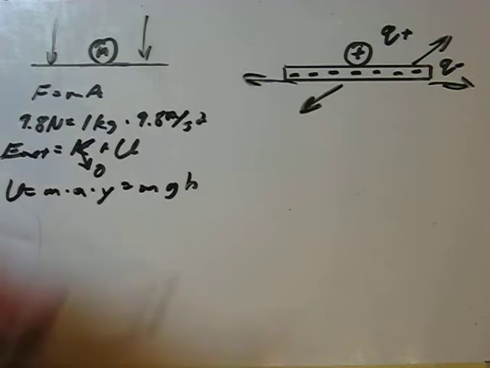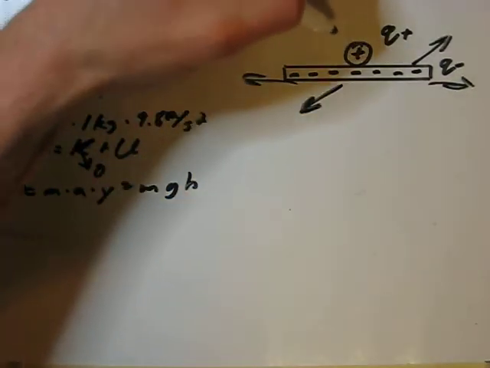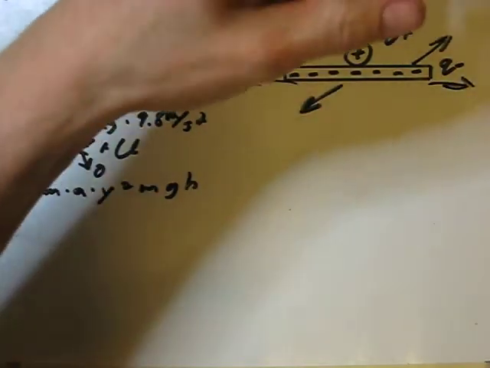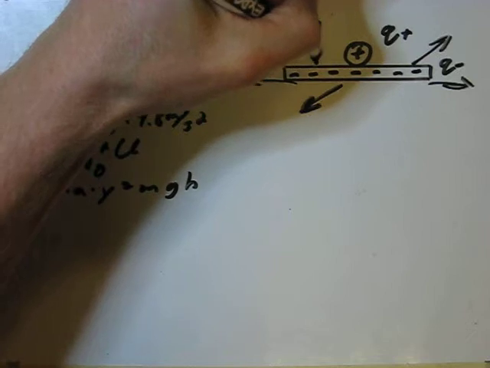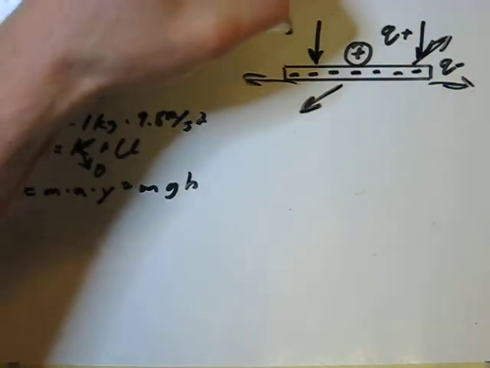So, we would look at our electric field, because this is infinitely large, the area is infinitely great. It's essentially a vertical E field, okay, goes just straight down.